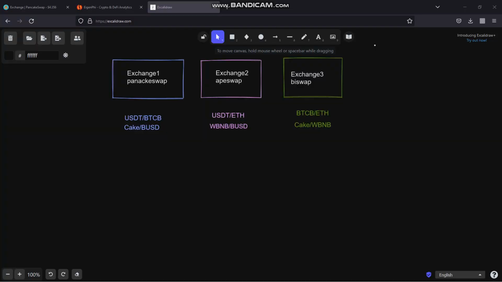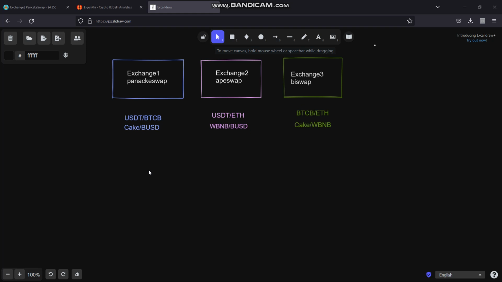For the structuring, let's assume that exchange 1, which is PancakeSwap, has this pair USDT BTCB, and exchange 2, which is ApeSwap, has USDT ETH, and exchange 3 Biswap has BTCB ETH, as well as exchange 1 has this pair CAKE BUSD, and 2 has WBNB, as well as this. So now we can't just go into these exchanges and start trading this and this and this. We will have to structure these pairs.